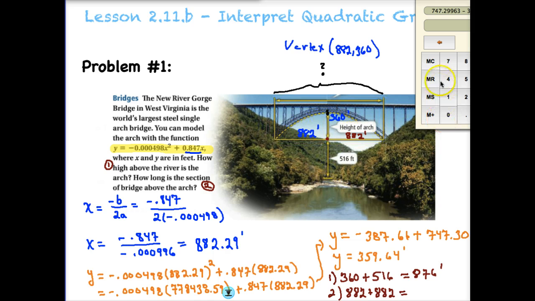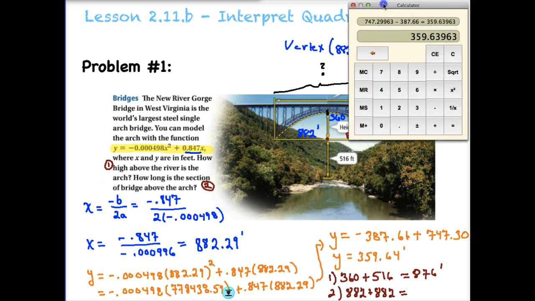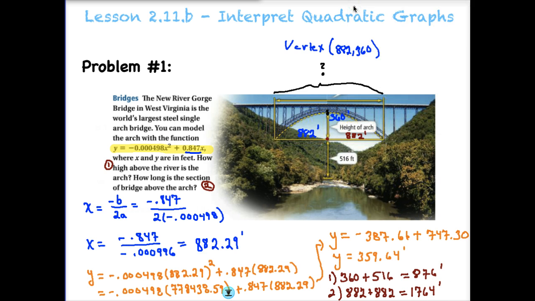So if we add those together using our calculator, bring it back over here, we have 882 times 2, we get 1764 feet. All right, and our problem is done. And all we really needed to solve this problem was to figure out our vertex. Once we had our vertex, we were able to answer all the questions in the problem.